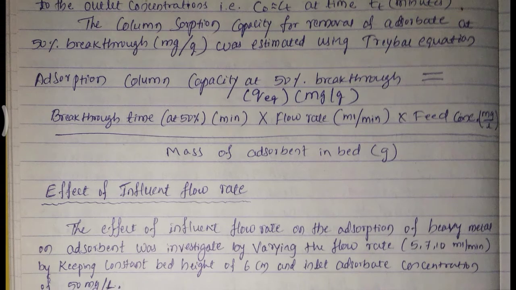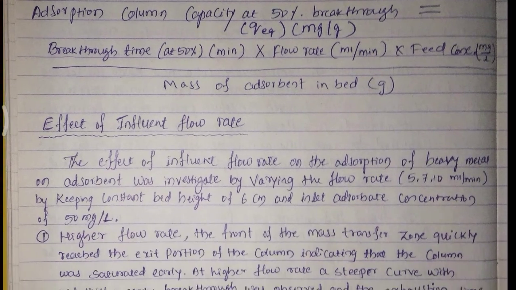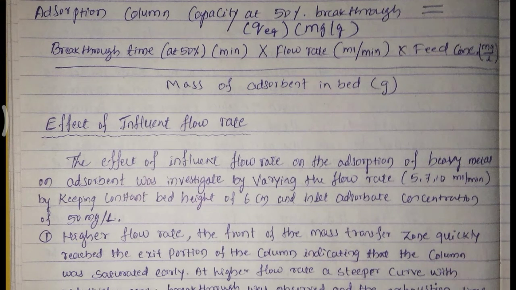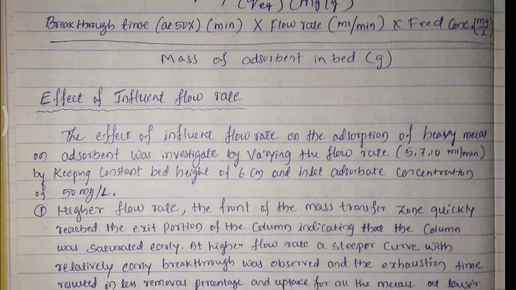Now we see the effect of influent flow rate. The effect of influent flow rate on the adsorption of heavy metal on adsorbent was investigated by varying the flow rate. We take example 5, 7, 10 ml per minute by keeping constant bed height of 6 cm and inlet adsorbate concentration of 50 mg per liter.